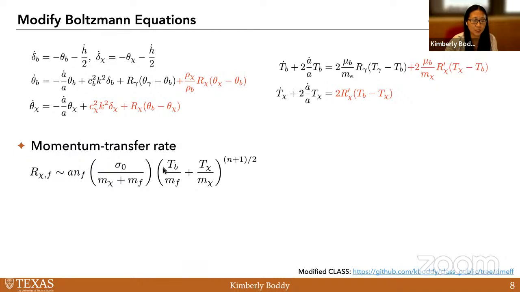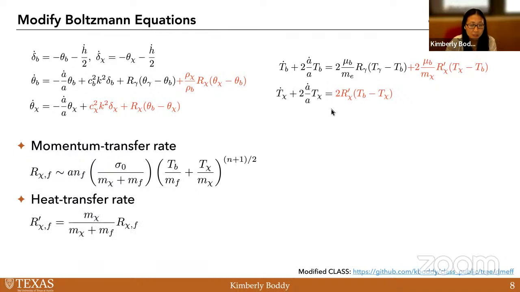This temperature over mass is essentially the square of the thermal velocity. And so here you're seeing the thermal velocities come into play with some power of n. This is the momentum transfer rate that you're working with. We have our sigma naught coming in here. We have dependence on our masses, and also the momentum transfer rate depends on how many target particles you have. And so it depends on the number density of standard model particles in the universe.